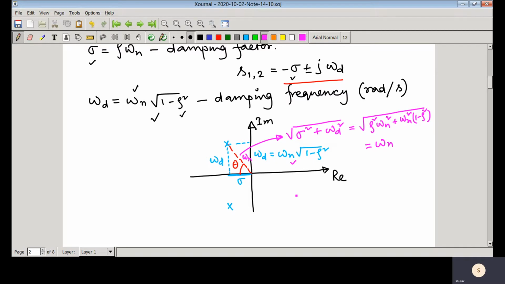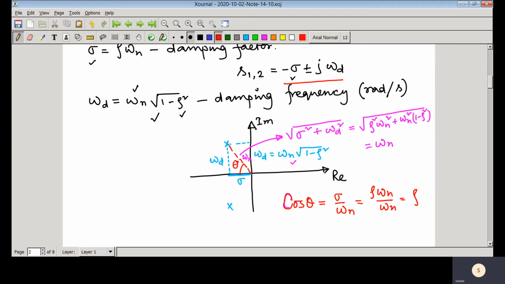Now if we take cos theta, that is the base by omega n, and the base is sigma, which equals zeta omega n, divided by omega n, that is equal to zeta.